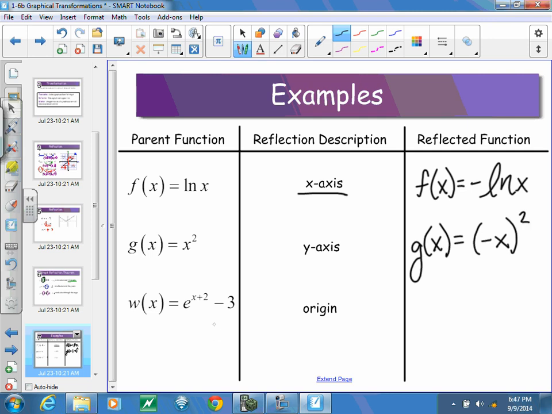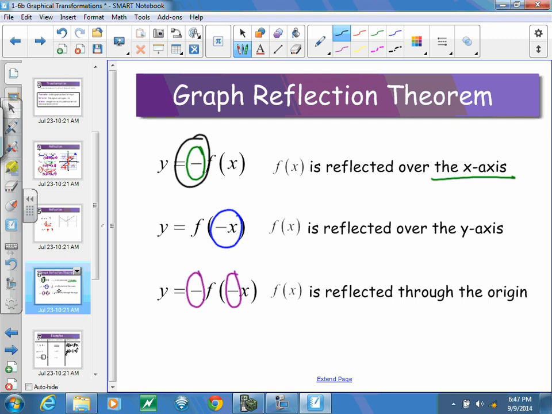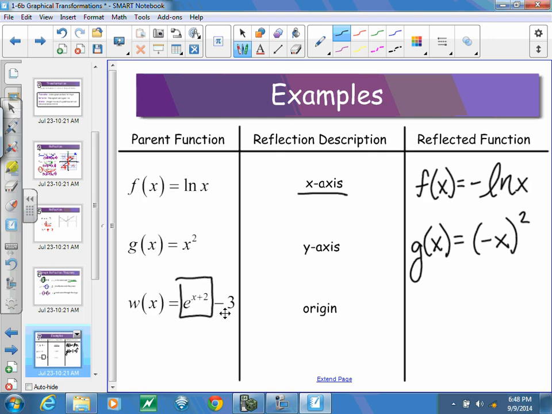With this function that we're working with here, this is your function f of x. That minus 3 that's taking place, that's telling us that we're going to move that parent function down 3 units. So when you're working with your function here, we want to make it taking the negative of the function. We don't have to worry about the minus 3 here.